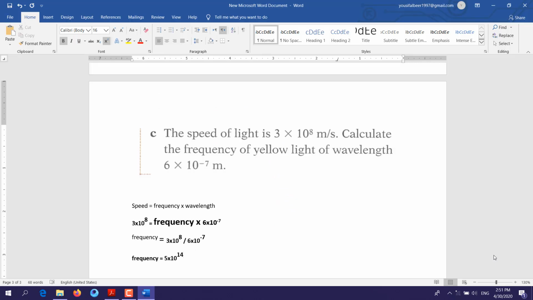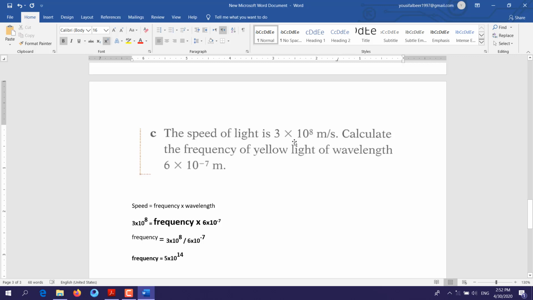Question 9. We will solve C, the math question. Question 9C says the speed of light is 3 times 10 to the power of 8 meters per second. Calculate the frequency of yellow light of wavelength 6 times 10 to the power of minus 7 meters.